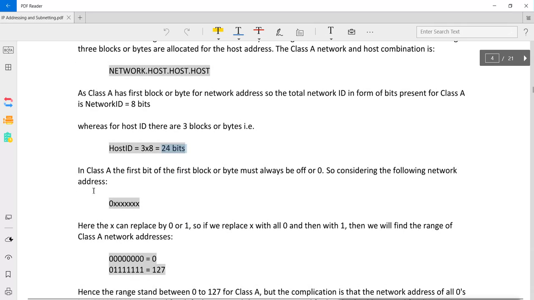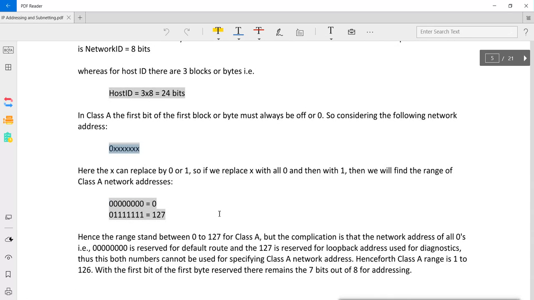Now in class A, the first bit of the first block or byte must always be off, or 0. So considering the following network address, what this means is that if you have all 32 bits, then in the first 8 bits, the first bit must be kept as 0.